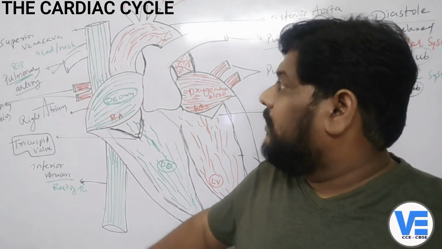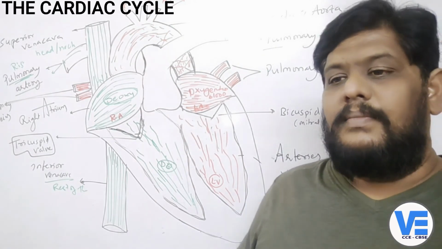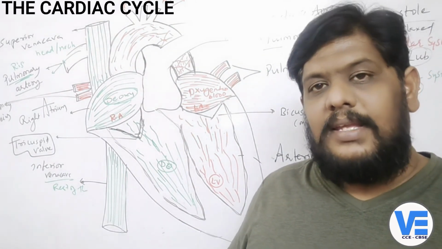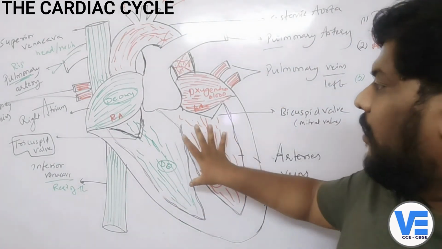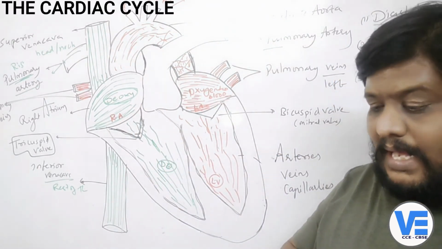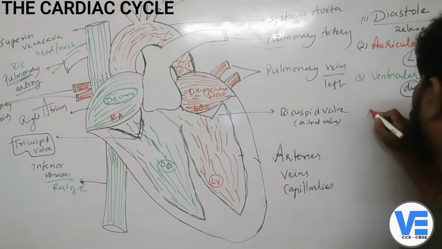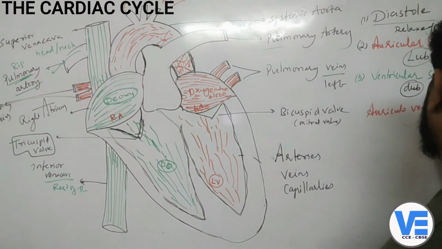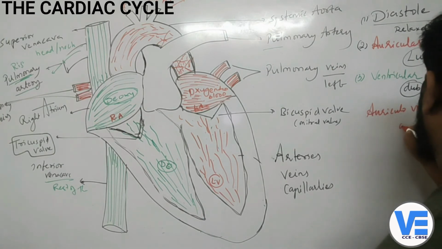So now this is the cardiac cycle. Now the auricles and the ventricles will relax. That is called auriculoventricular diastole.